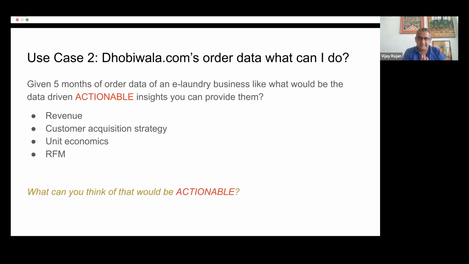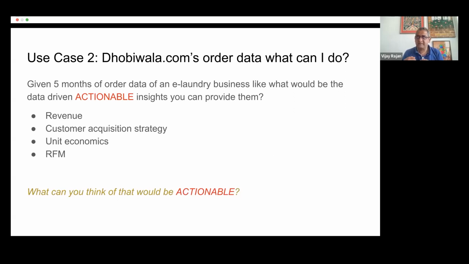So some of the things you can do, which is typically done, is revenue. Like what needle would you move so that your revenue would increase drastically, right? What needle would you move, or where do you see your customer acquisition happening the most, and hence what would be a strategy to acquire more customers? And then unit economics, definitely something, if you know the costs and all of that, right?